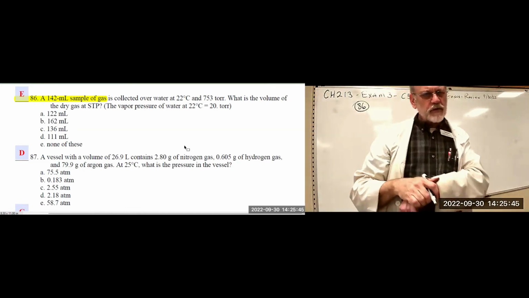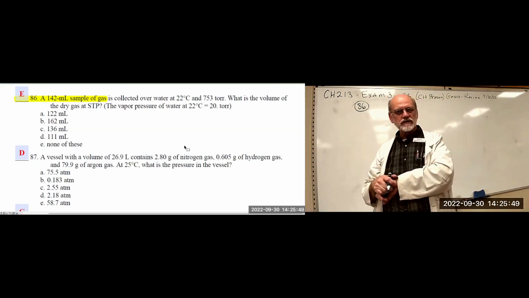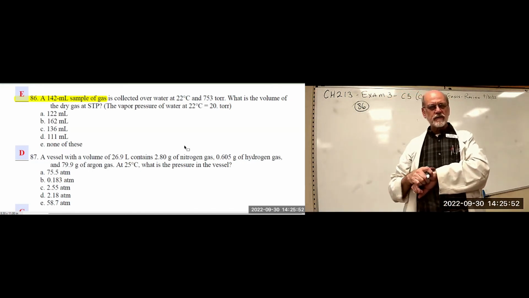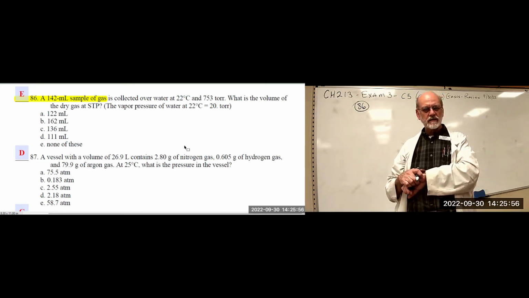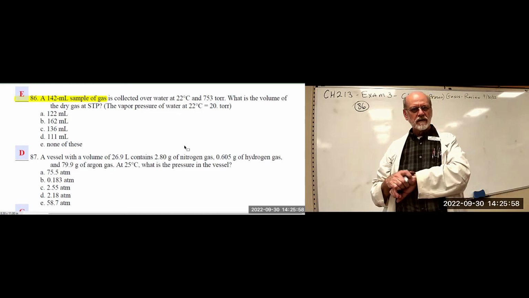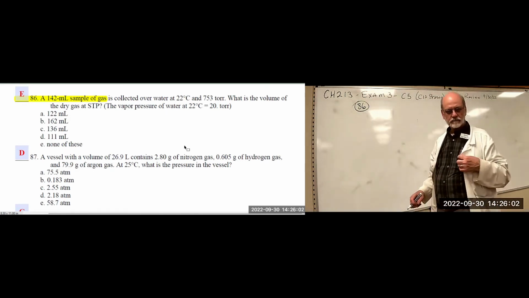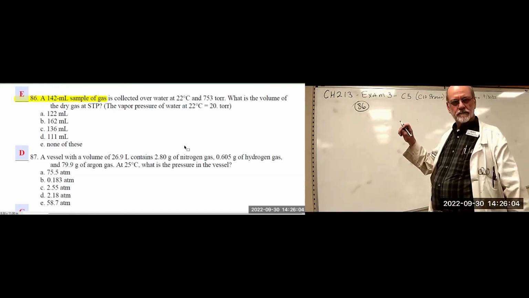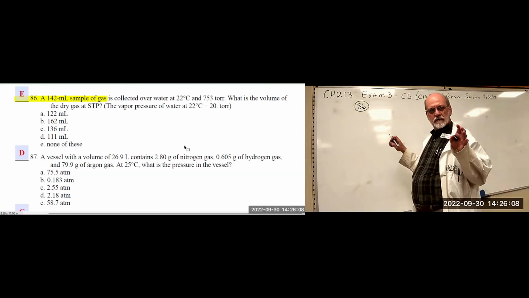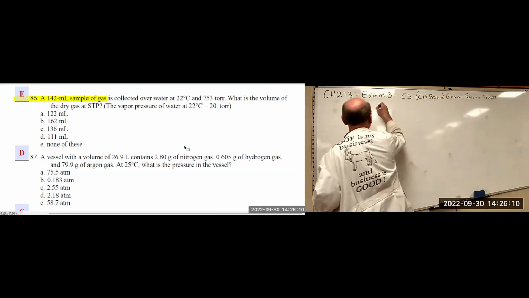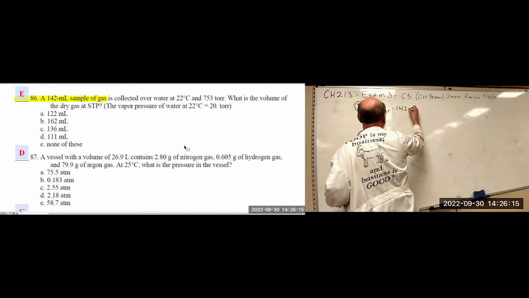A 142 milliliter sample of gases collected over water at 22 degrees and 753 torr. What's the volume of the dry gas at STP? Okay, so the total volume equals 142 milliliters, right?